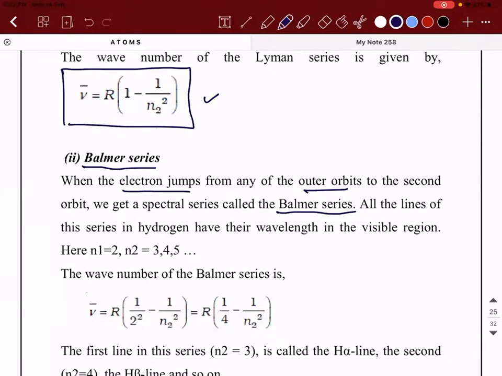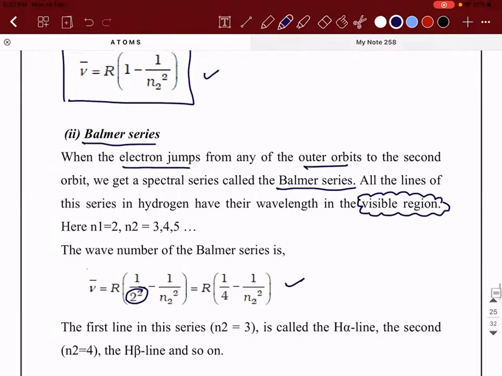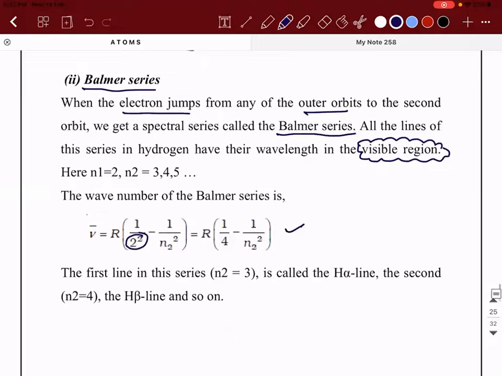All these lines correspond to the visible region. That is why we have H alpha, H beta only for the Balmer series. Here n1 is 2, so n1 square is 4, R into 1 by 4 minus 1 by n2 square. If n2 is 3, it becomes H alpha. If n2 is 4, it is called H beta, and so on.